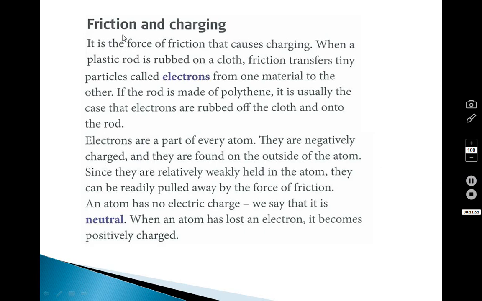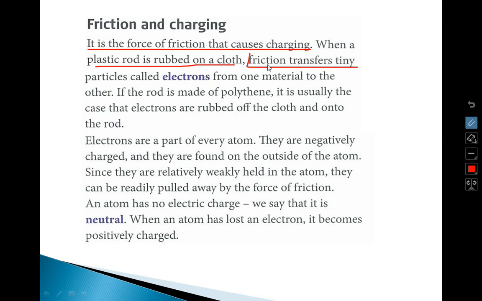The first one is friction, and how we can use friction to charge an object. When a plastic rod is rubbed on a cloth, the force of friction causes charging.